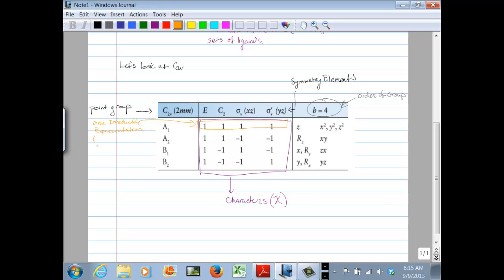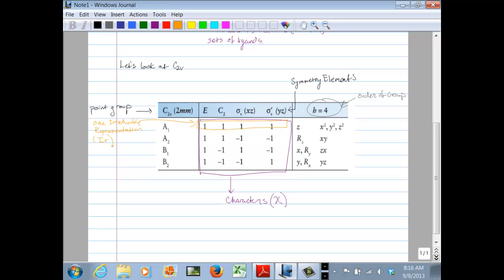I abbreviate that, and I think your text does as well, as Γ with a little r, so that you don't confuse it with IR spectroscopy. So irreducible representations, or IRs, means you can't reduce it any further. And it's more useful to think of it relative to the reducible representation, which we'll talk about in a minute.